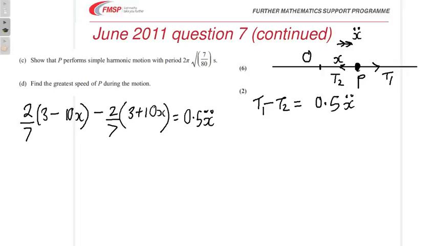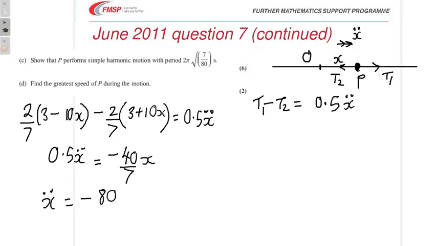You can see that the 2 times 3/7 cancels out, and we get down to 0.5 x double dot equals minus 40/7 times x. Nearly there. That says the acceleration x double dot is minus 80/7 x. That's SHM, because it's of the right form. Acceleration x double dot is minus omega squared x, and omega squared we can identify now is 80/7.